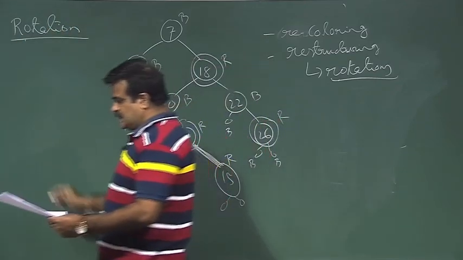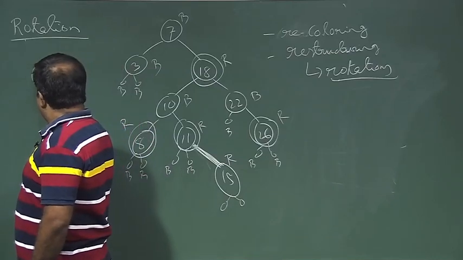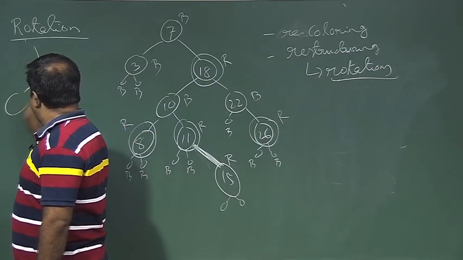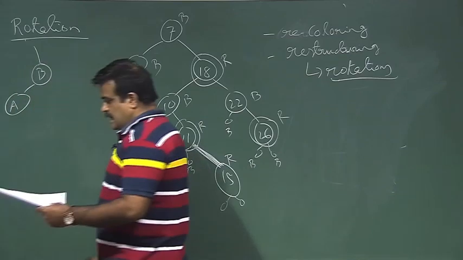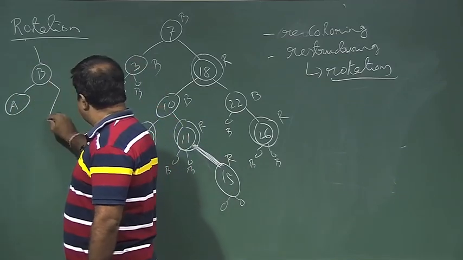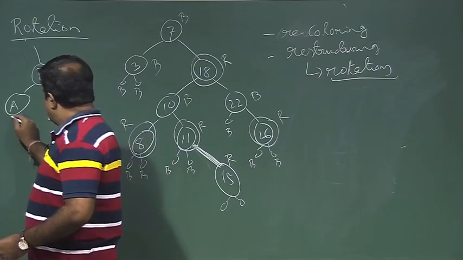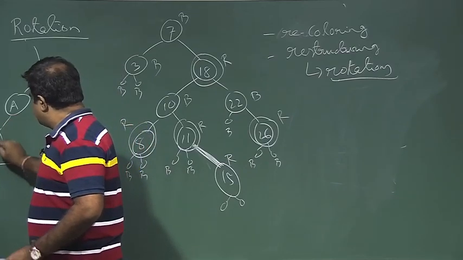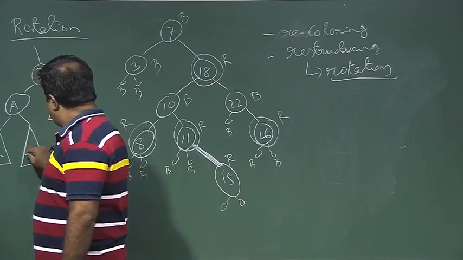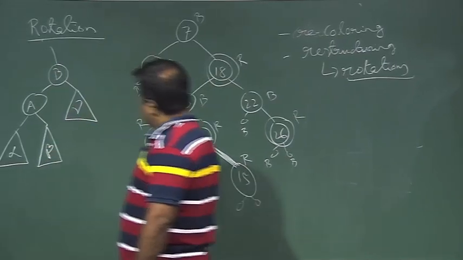So, rotation means suppose we have a tree like this, we have a node B, we have a node A, and then we have a subtree rooted here which is denoted by gamma, and we have another subtree alpha, we have beta. Okay.